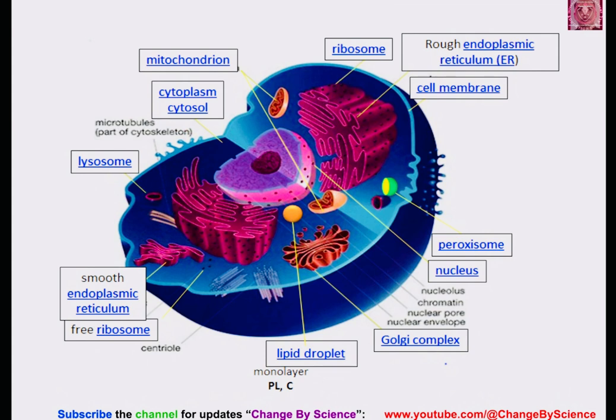For example, the cell membrane, cell wall, if it is a plant cell or animal cell, then endoplasmic reticulum, mitochondria, nucleus, nucleolus, in endoplasmic reticulum rough and smooth, ribosomes, lipids, Golgi complex, peroxisomes, lysosomes, cytoplasm.